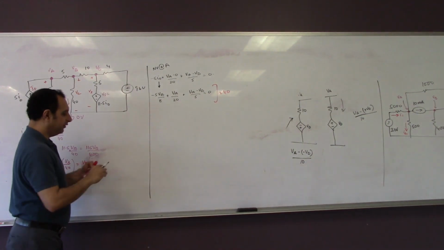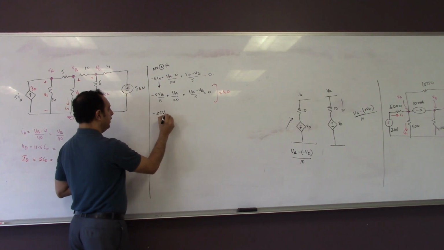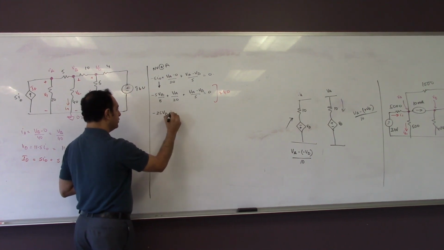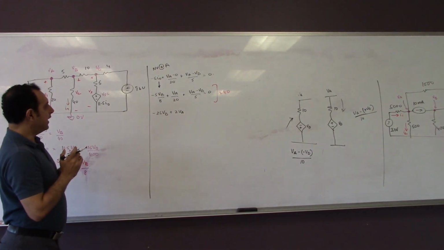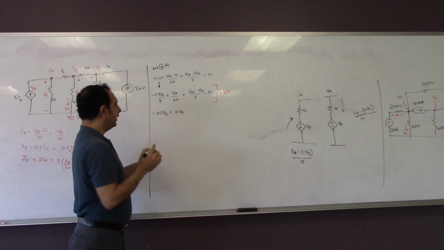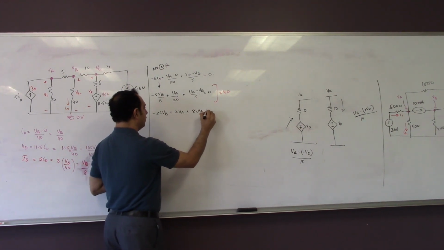So that would be 5 times, which equals 25 VB. This will be 2 times, 2 VA. And over here you'll have 8 times VA minus VB.